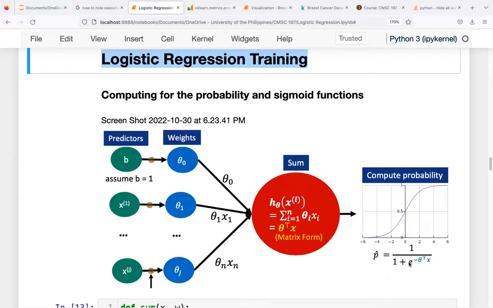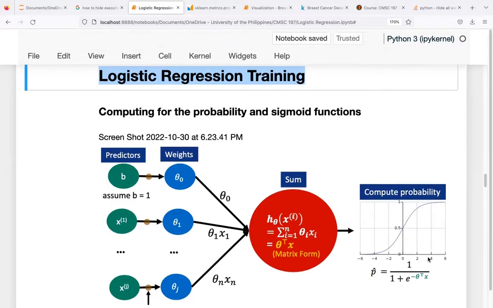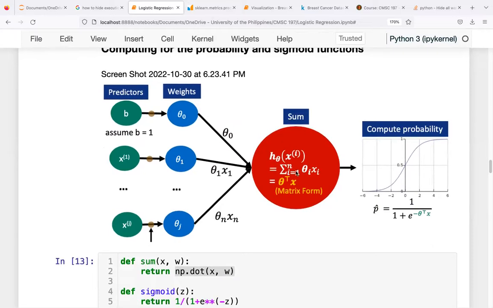Okay, so in order for us to compute the probability, we must compute the weighted sum of the predictors and the weights. So the predictors here are the 31 columns earlier with the bias, okay? And then each of the predictors will have associated weights, and we will take their weighted sum. So simply by taking the dot product of the weights and the predictors.